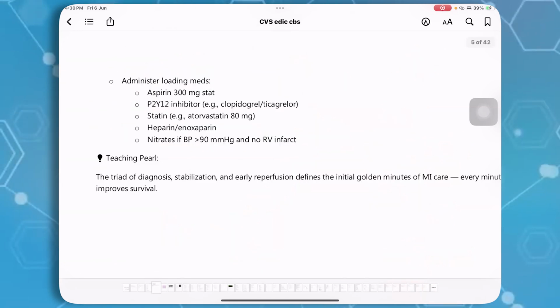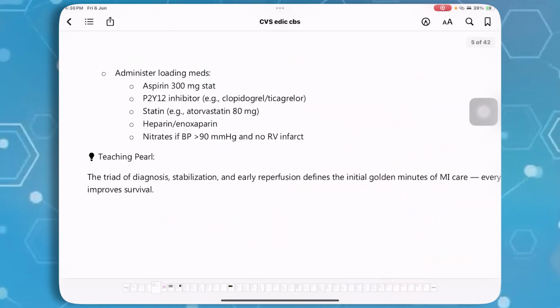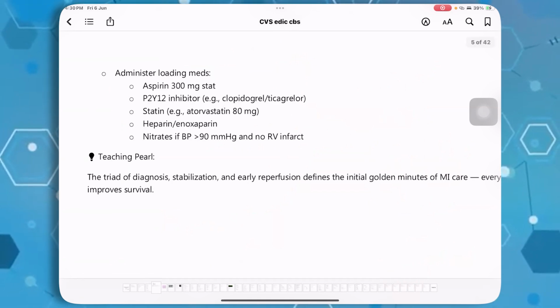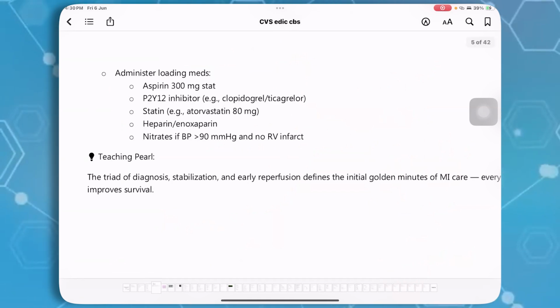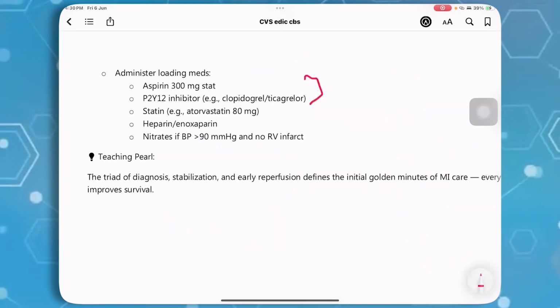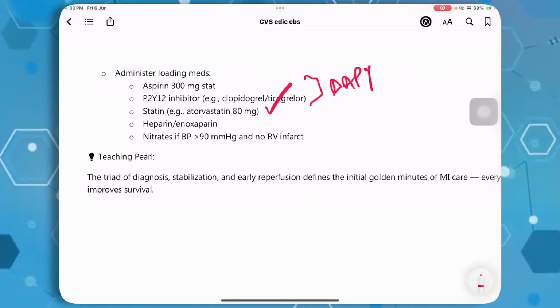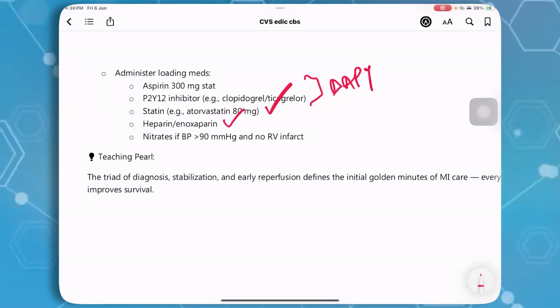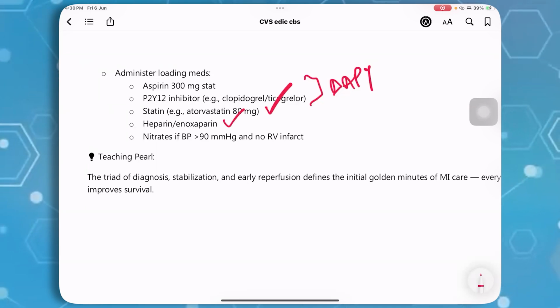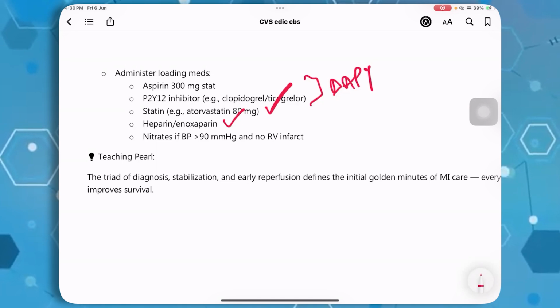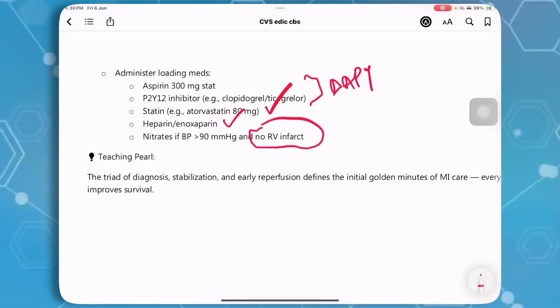So the loading doses of aspirin 300 milligrams along with the P2Y12 inhibitor, that is either clopidogrel or ticagrelor, should be given. This is known as DAPT, dual antiplatelet therapy, plus a statin along with a heparin or low molecular weight heparin. Nitrates are indicated if the blood pressure is more than 90 and the patient does not have an inferior wall MI.